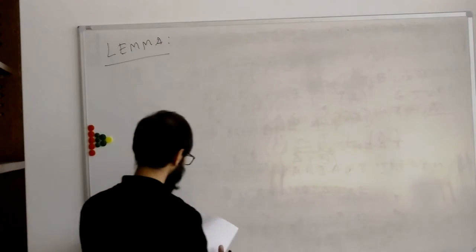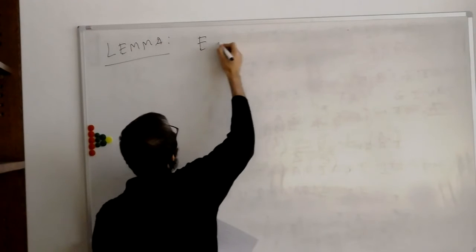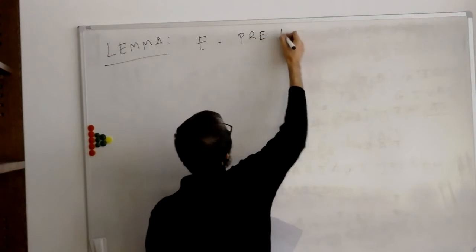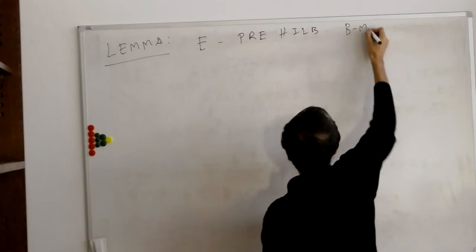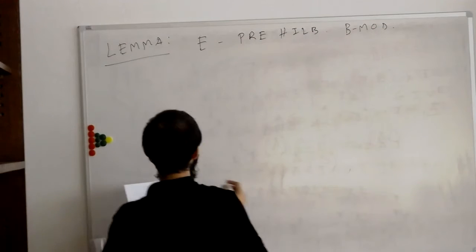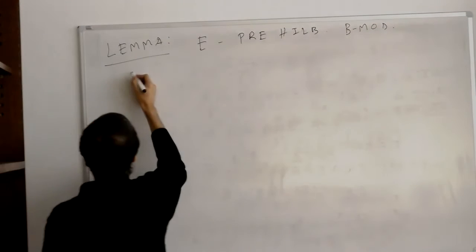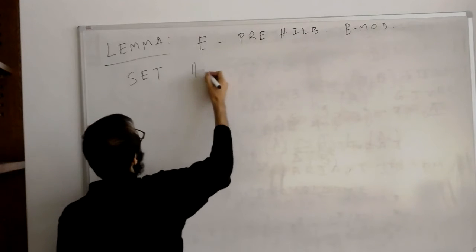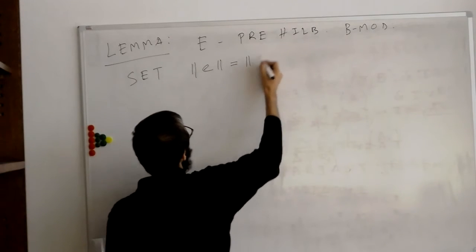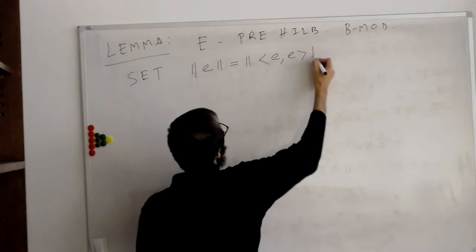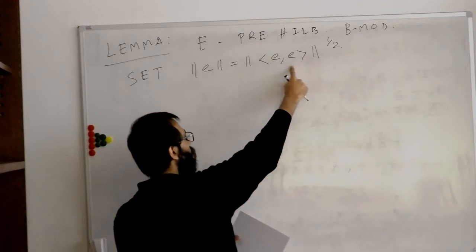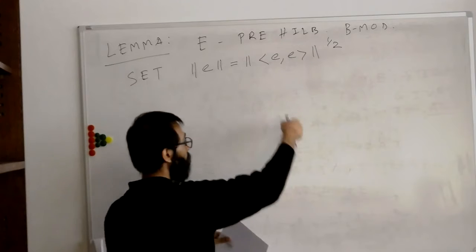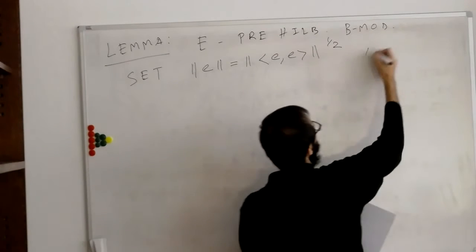There is a small lemma. If E is a free Hilbert B-module, then set the norm of x to be the square root of the norm of the inner product of x with x: take the inner product of E with respect to E, this goes inside B, take the norm, and take the square root.